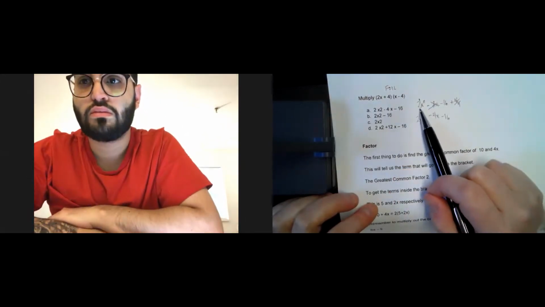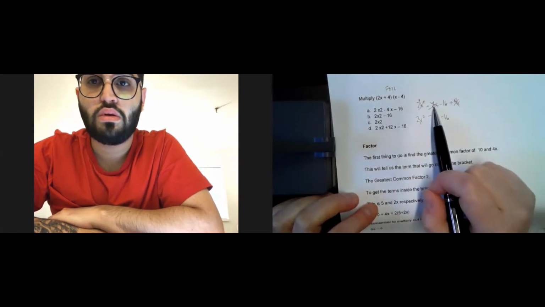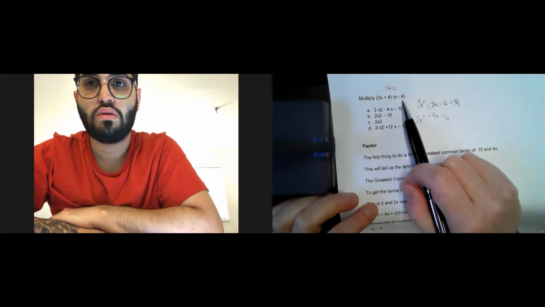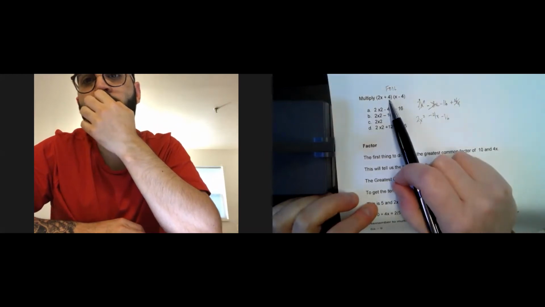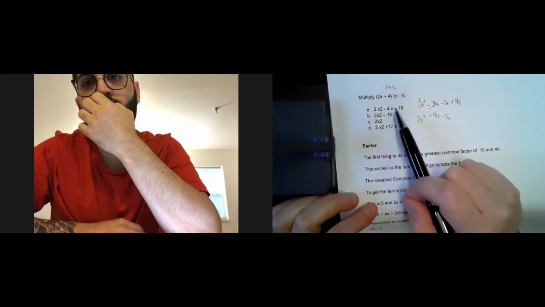So we ended up with 2x squared, which is from first and first, minus 8x outside, plus 4x inside, minus 16.